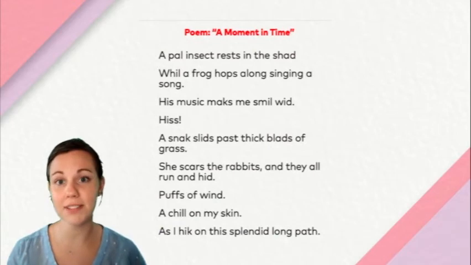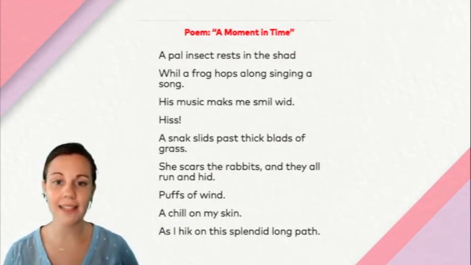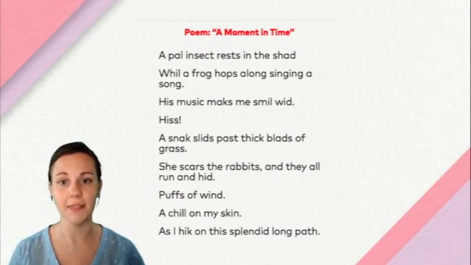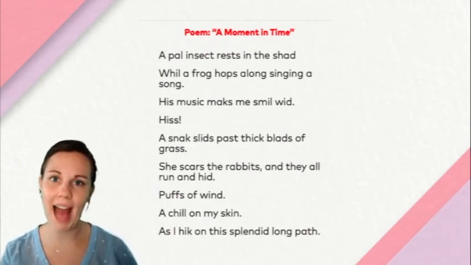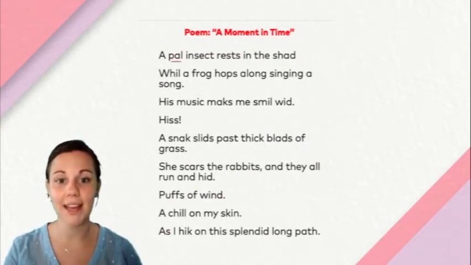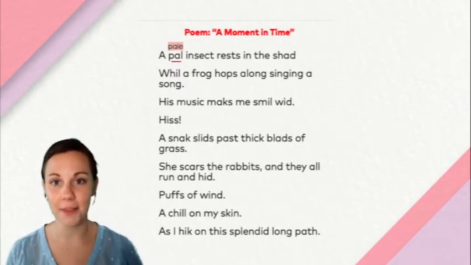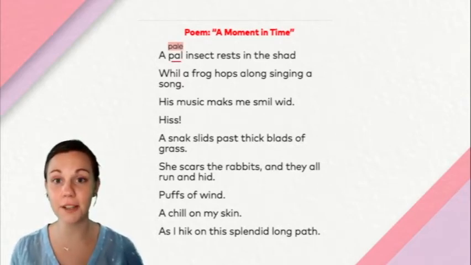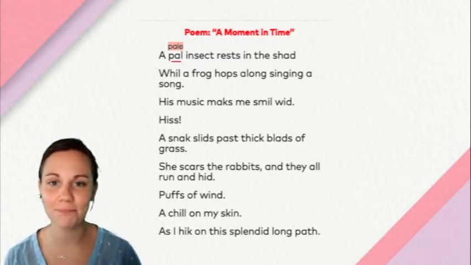I'd like to revisit the first line of the poem. A pale insect rests in the shad. It's probably not a pale insect, but maybe a pale insect. The magic E changes the word from pale to pale.